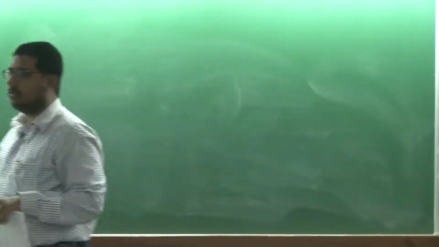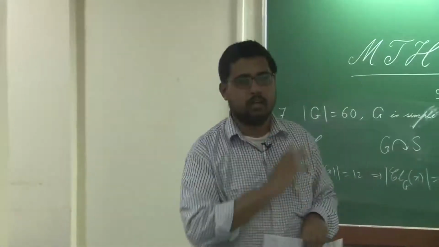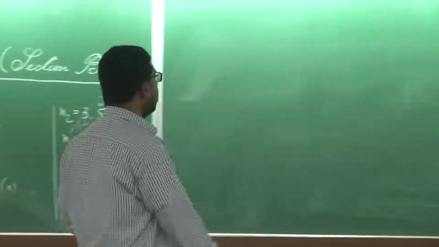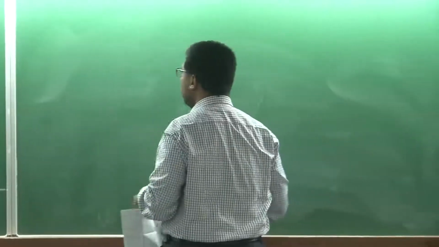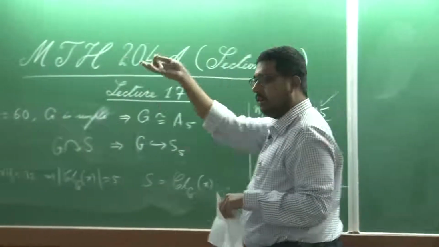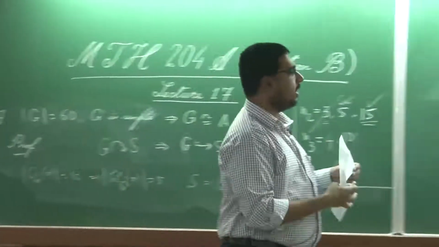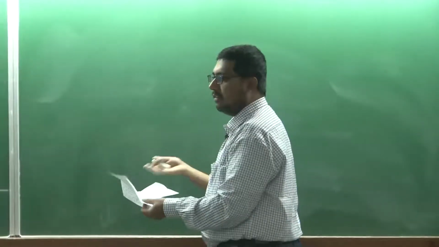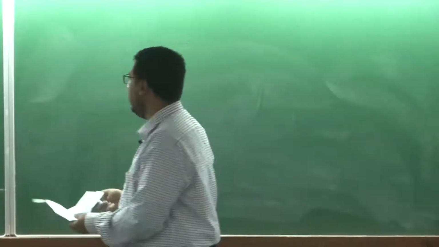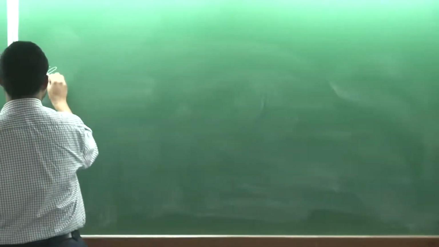In fact, in this course we will be classifying groups of order p squared and p cubed. For p squared we have already done. For p cubed let us do it now. This is in fact an application of semidirect product and its recognition theorem and all the relevant results we have proved regarding that.